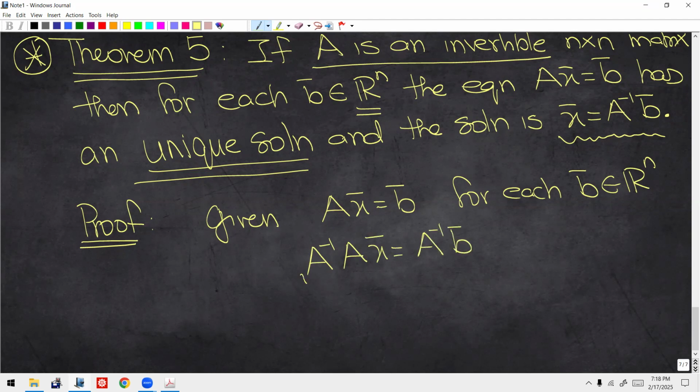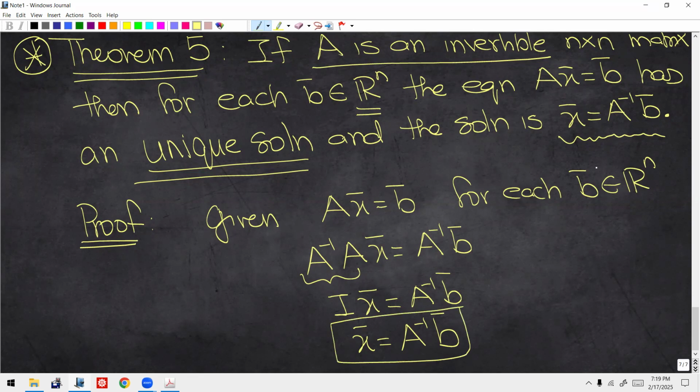We know that A inverse times A, because A is invertible, if you multiply the inverse and the matrix itself, you get I. And if you multiply an identity by a vector or an identity by a matrix, you just get that vector or that matrix back. So in this case, we get X is equal to A inverse B. Okay, so there's my solution.